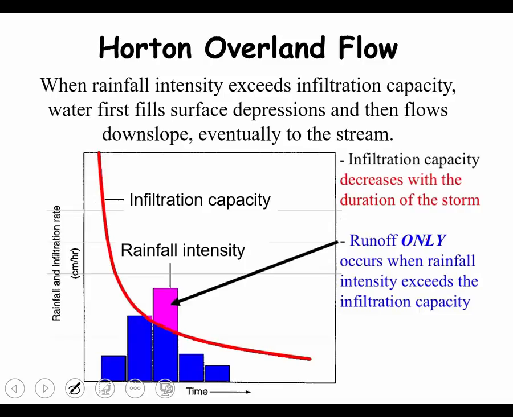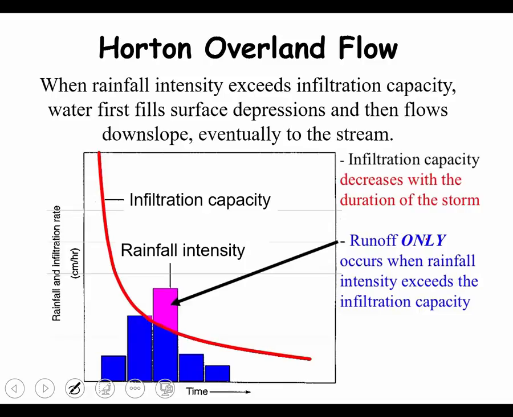This is, as I showed before, as infiltration capacity is measured by this red line, whenever rainfall intensity is greater than the rate at which it can soak in, it runs off. Okay. So all of this would be infiltration, and all of this would be Horton overland flow.